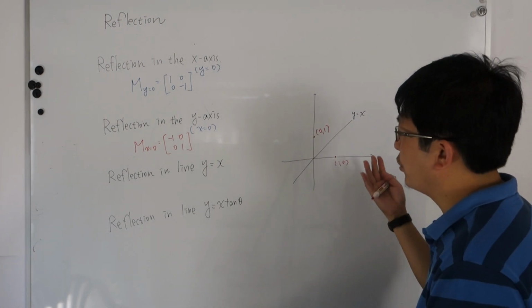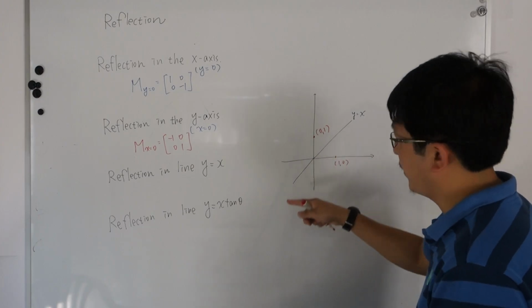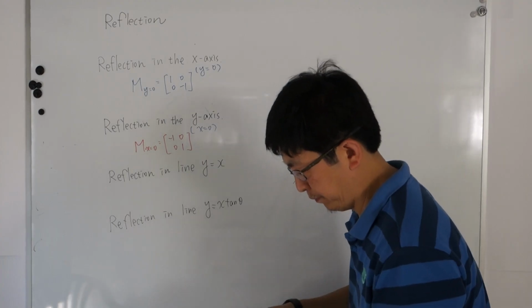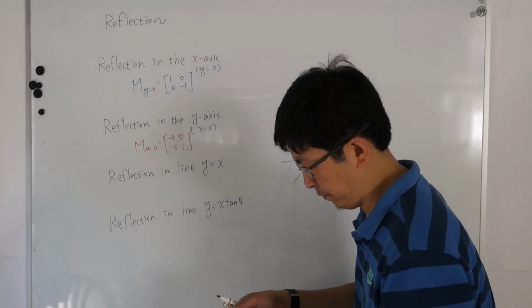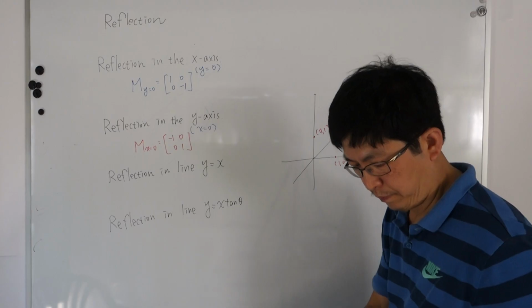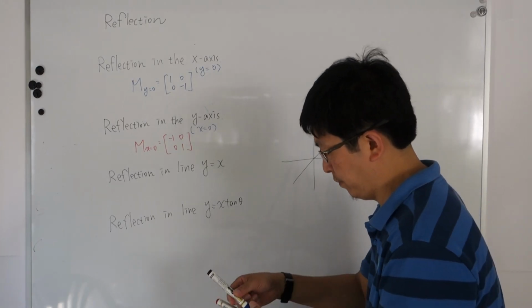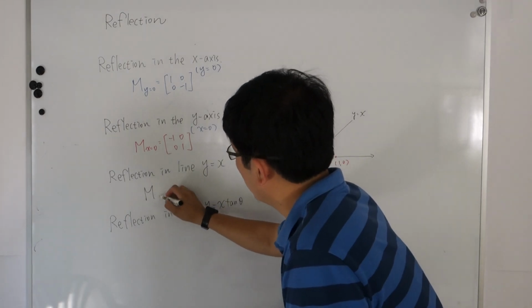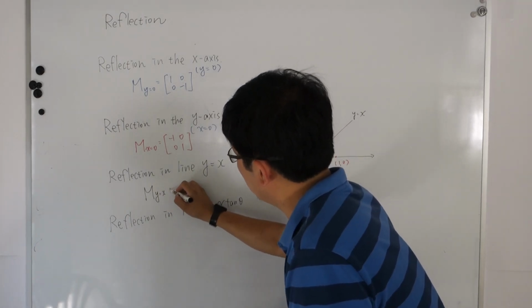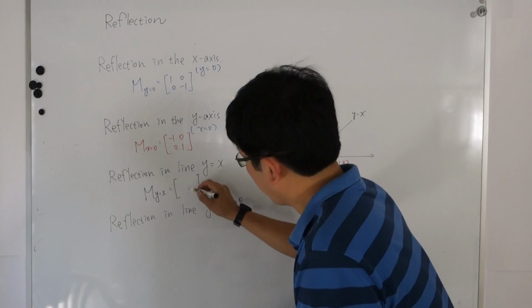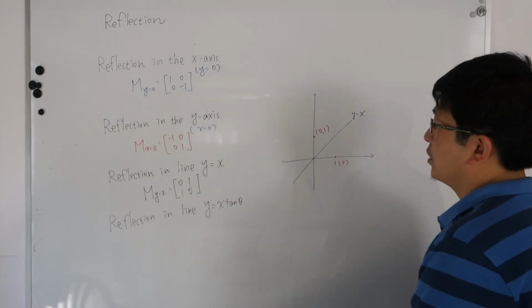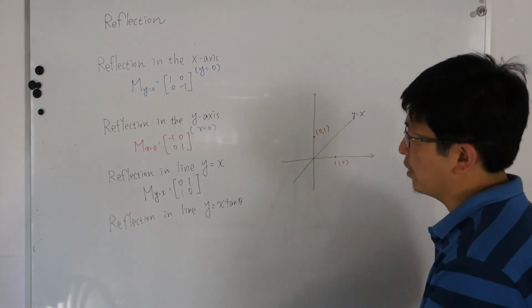That's called reflection in the line y equal to x. So the matrix for y equal to x equals [0, 1; 1, 0].